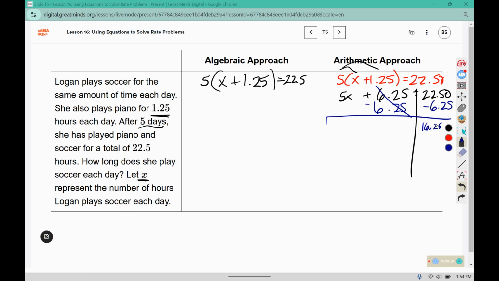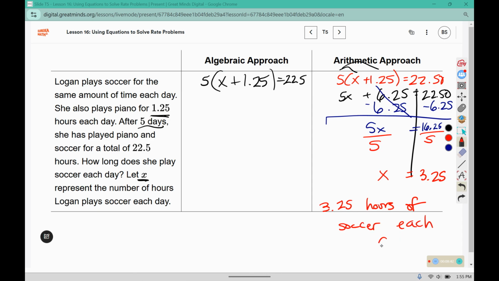Oh, no, we're talking about hours this time. 16.25 hours over the 5 days. Then we divide that up amongst 5 days. And that means that she practices her soccer for 3.25 hours each day.